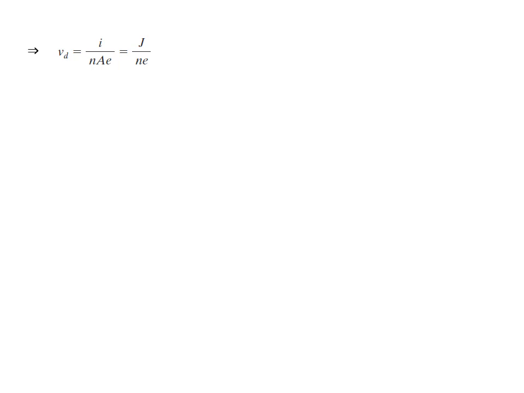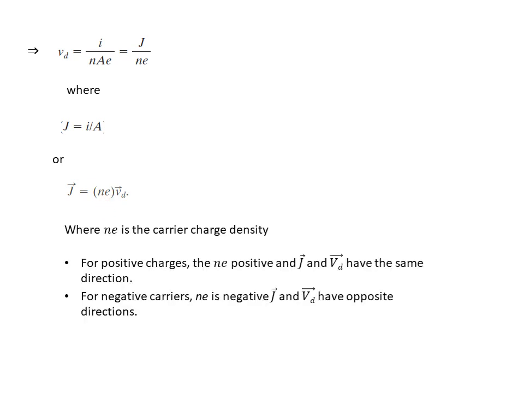Where J is equal to I over A, this I over A is replaced by J. You can just rearrange it, J is equal to nevd, where ne is the carrier charge density.